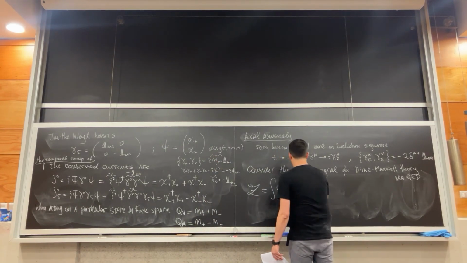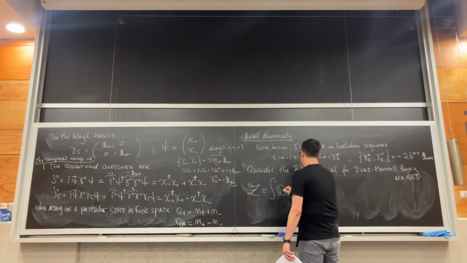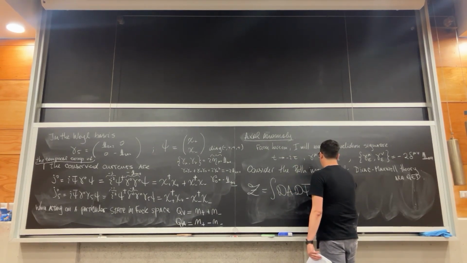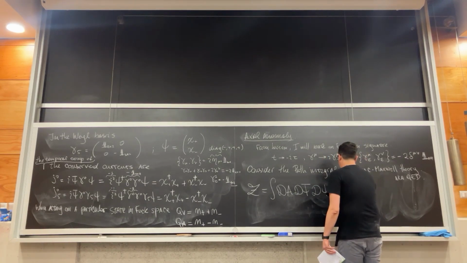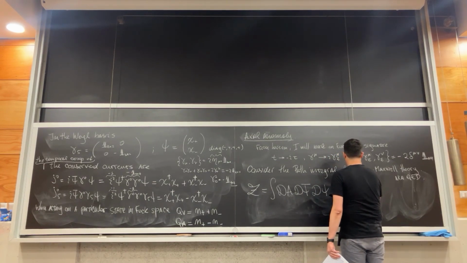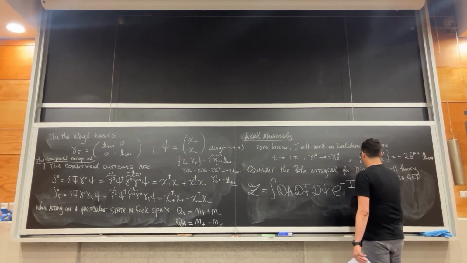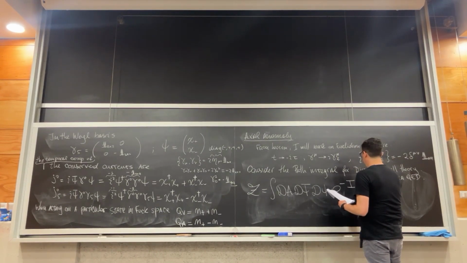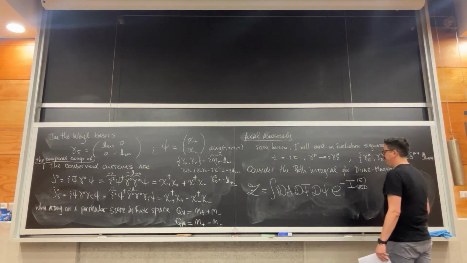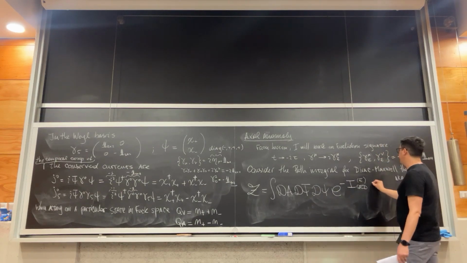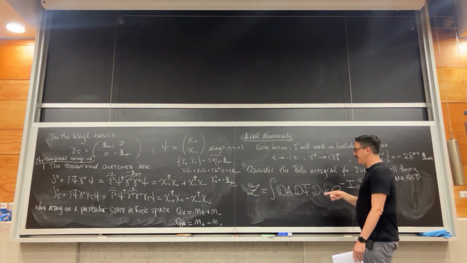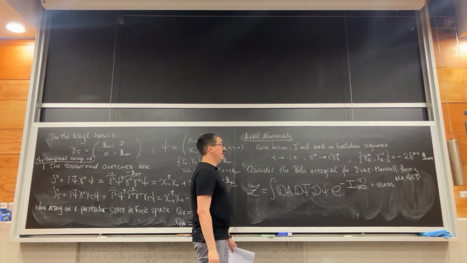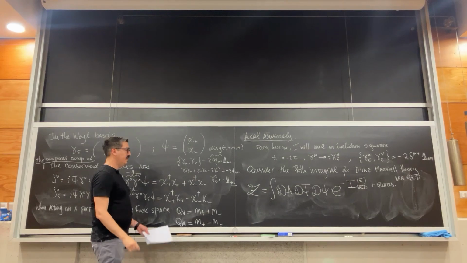So I won't consider that, but you should bear in mind that there are in this functional, and this will be e to the minus the QED action in the Euclidean plus sources, but they won't play any role in the computation, so I will just put it there symbolically.